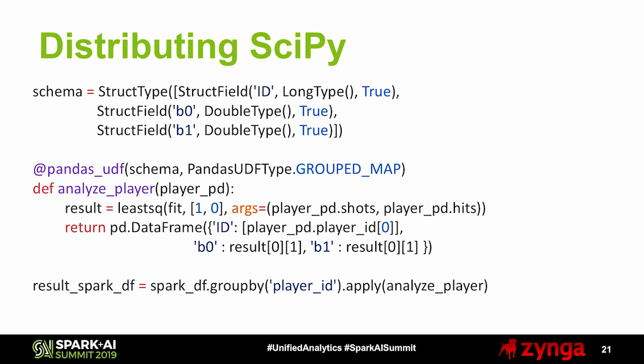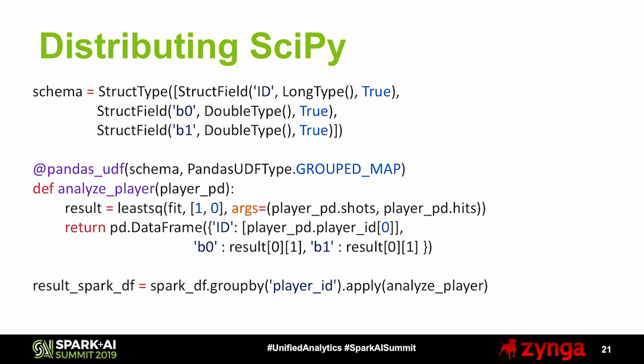So here's an example of what a UDF actually looks like, and we'll step through a few different pieces here. In the introduction post on Pandas UDFs, they use the ordinary least squares method in statsmodels. For this, we'll use the least squares function in NumPy. The data set that I use for this is the Kaggle NHL data set, which describes basically a number of players and their performance each game.